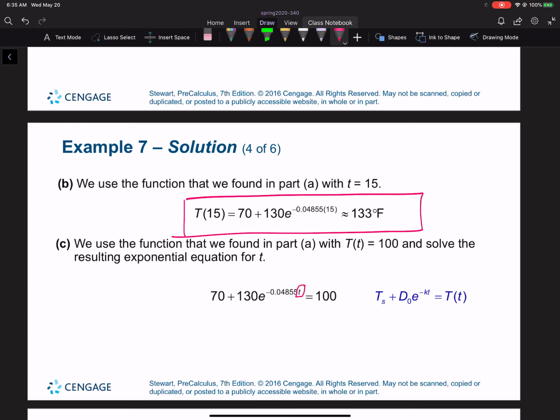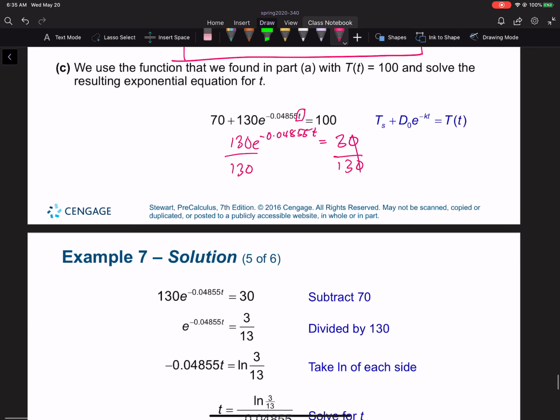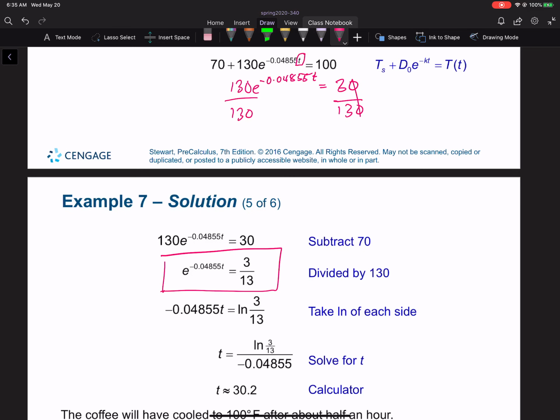First subtract, so you get 130 e to the negative 0.04855t is equal to 30, and then divide by 130, and continue working your way from there. So you solve out that problem and you end up getting what t is.